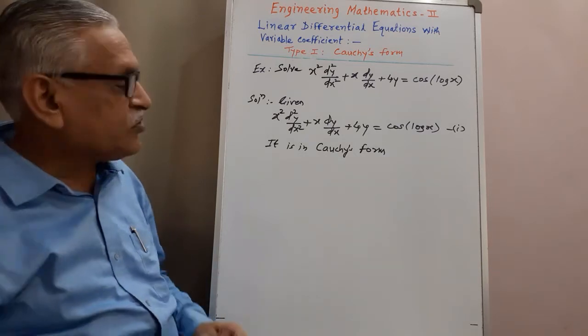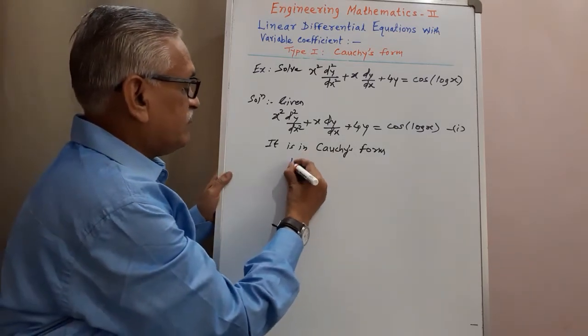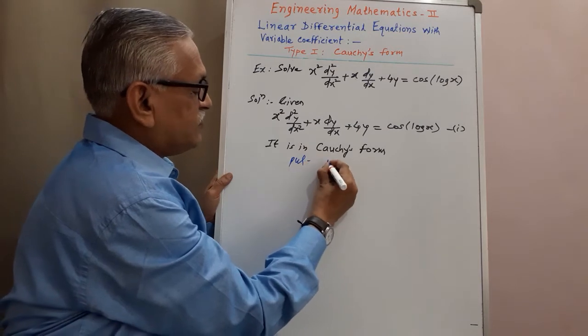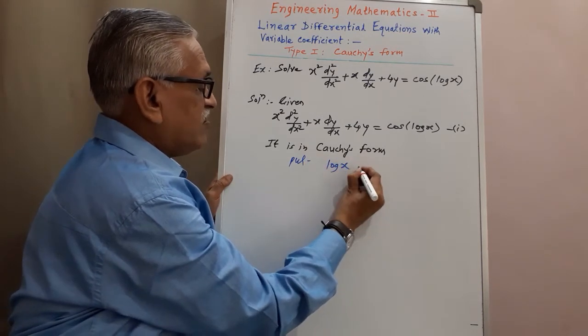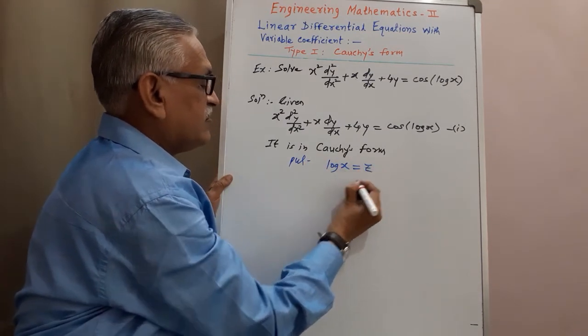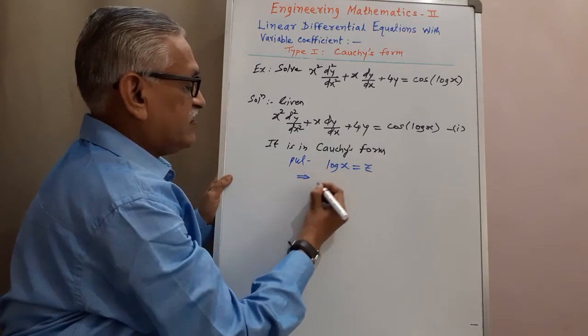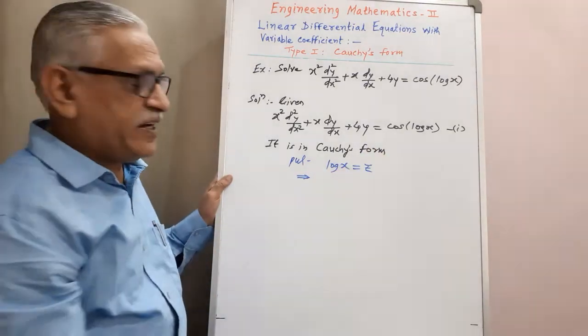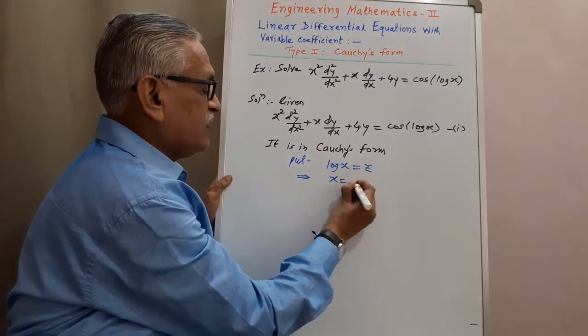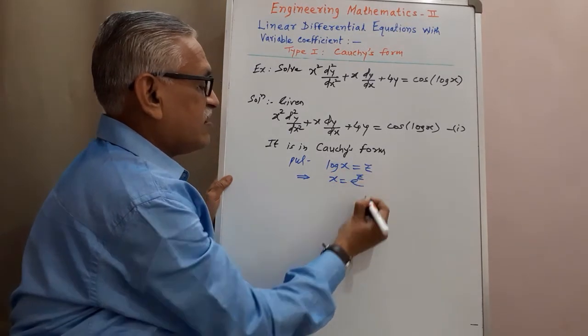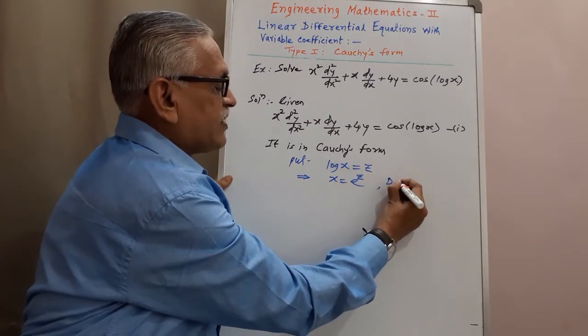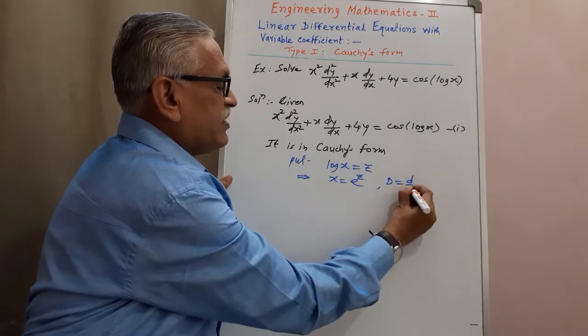And as it is in Cauchy's form, we put the substitution log x as z. It implies, transferring the log to the other side, x is equal to e raised to z, and we use capital D for the operator d by dz.